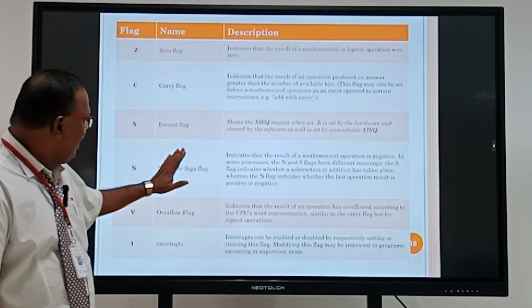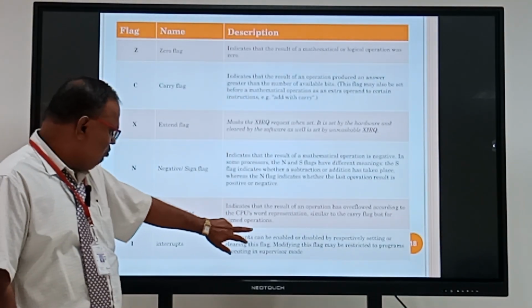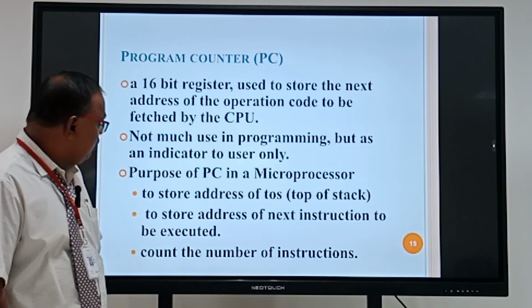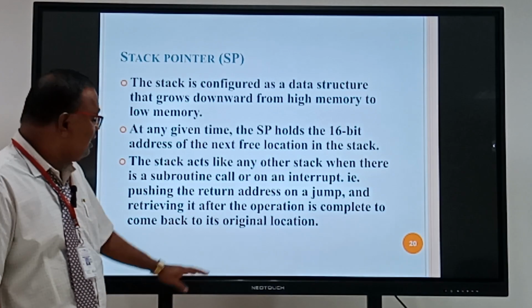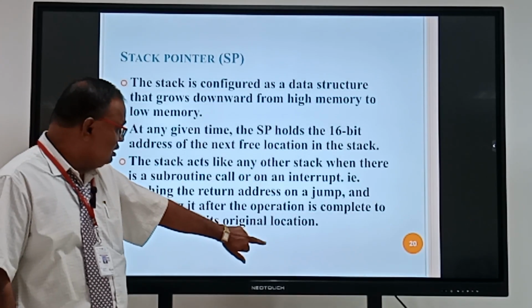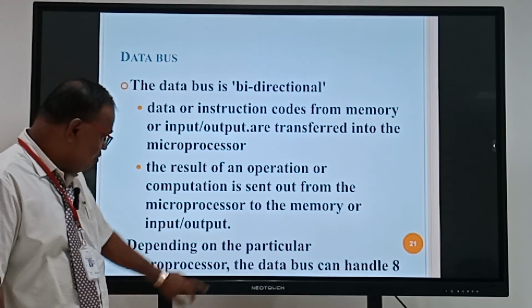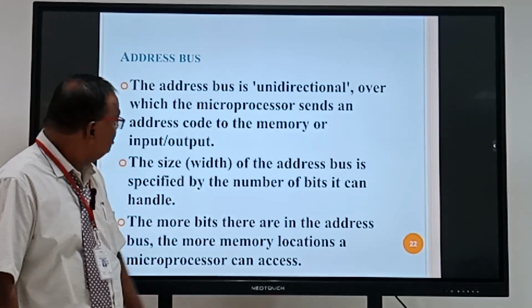These are the flags we use in the microprocessor system, and the program counter has already been told. The stack pointer and this operation were already told. The data bus was already told.